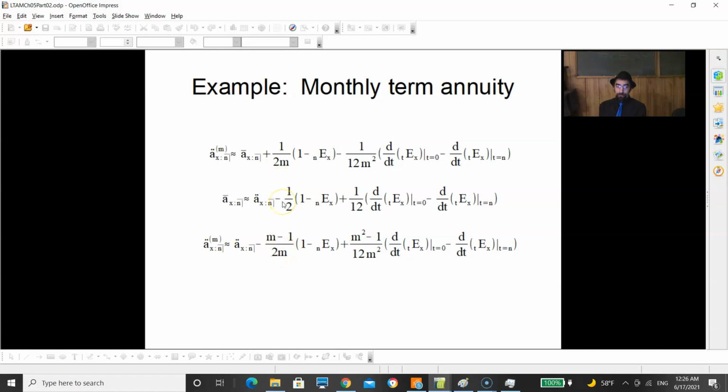It's going to be this minus 1/2 plus 1 over 2m. 1/2 is m over 2m, so we get m minus 1 over 2m, times this term, that's the same throughout. And then similarly, we have plus 1/12 minus 1 over 12m squared. So this becomes plus m squared minus 1 over 12m squared. And again, times the difference in derivatives.